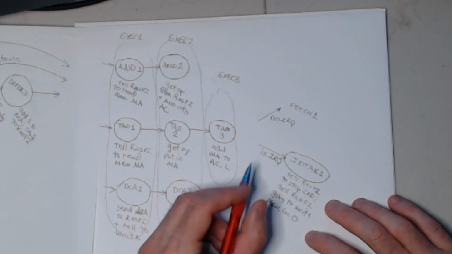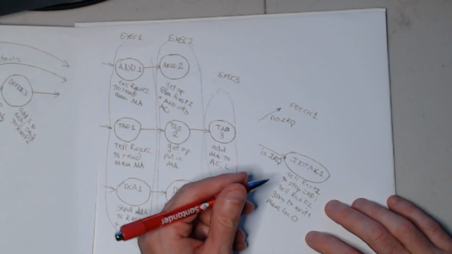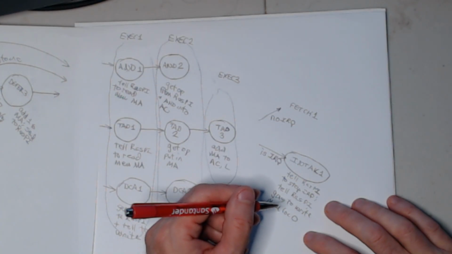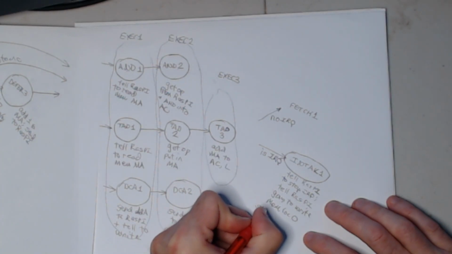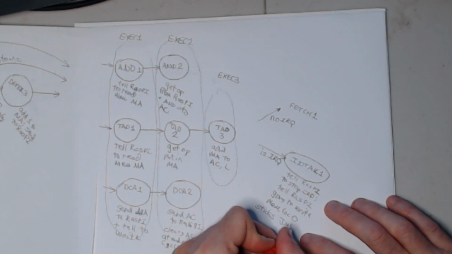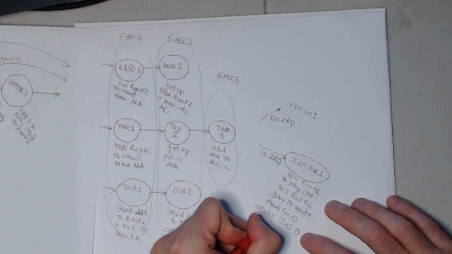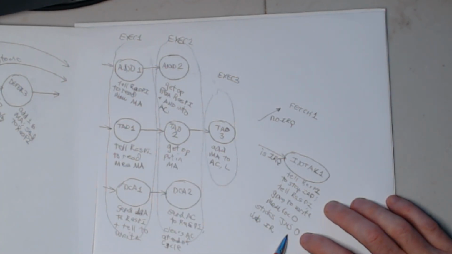Okay, and now it does the exact same thing as a JMS 0 instruction. It also sticks JMS 0 into the instruction register. So that's what it's going to do.